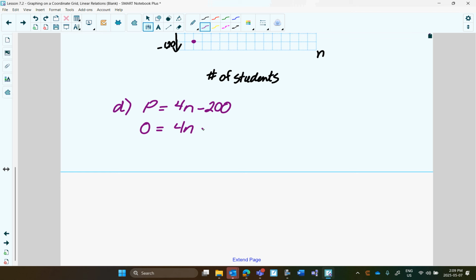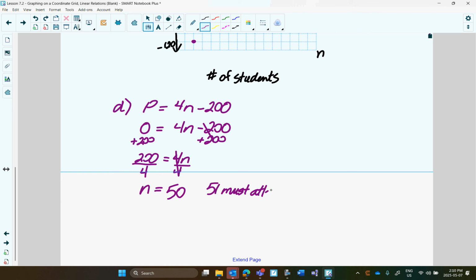So we have to solve this equation. So we add 200 to both sides, and we get 200 equals 4n. Divide both sides by 4, and we get n equals 50, right? So that means no profit, which means 51 must attend.